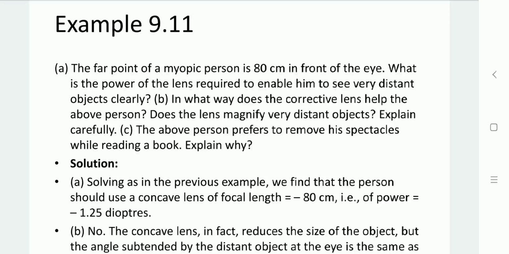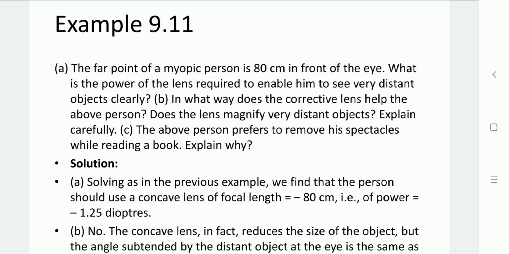So focal length comes out as minus 80 centimeter. Then power of the lens is P equals 1 by f. So we have minus 1 upon 0.8, that is equal to minus 1.25 diopters.